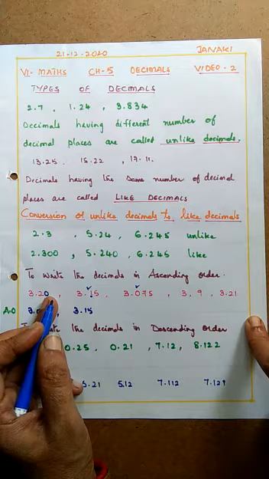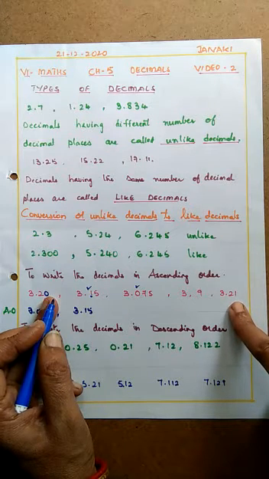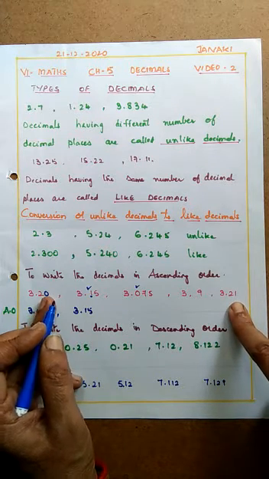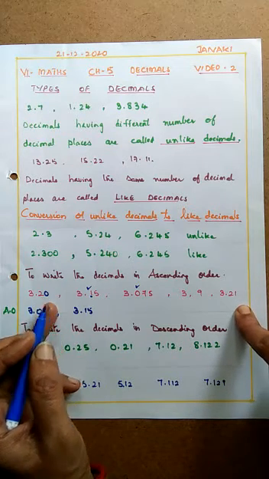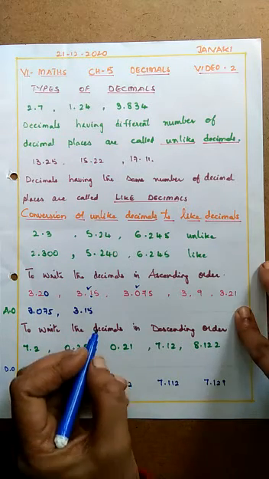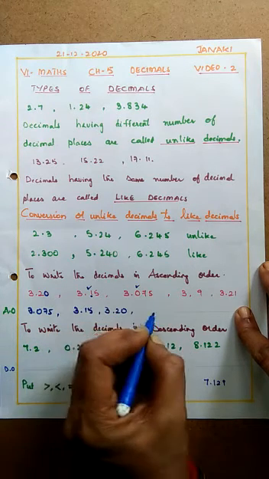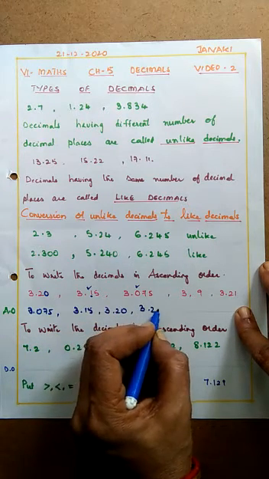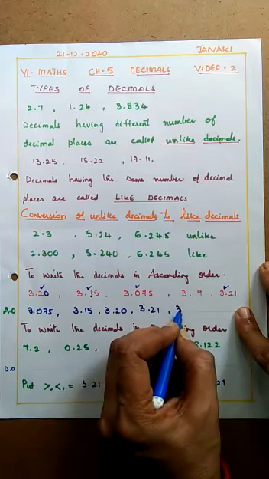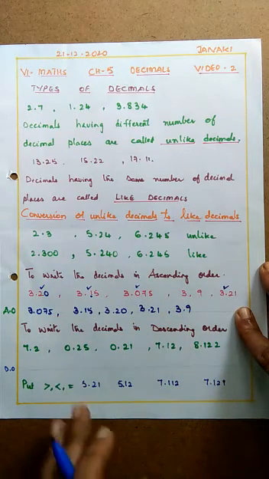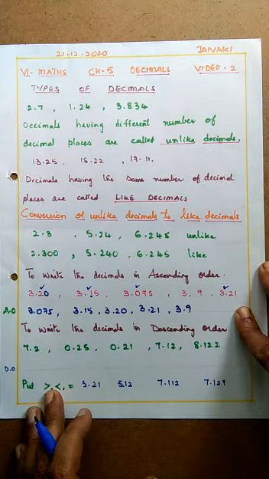Here in 100th place you have 0, here you have 1. So 3.20 is smaller than 3.21. So first let us write the smallest one, then the other one. And the largest one is 3.9. So we have written the decimals in ascending order.